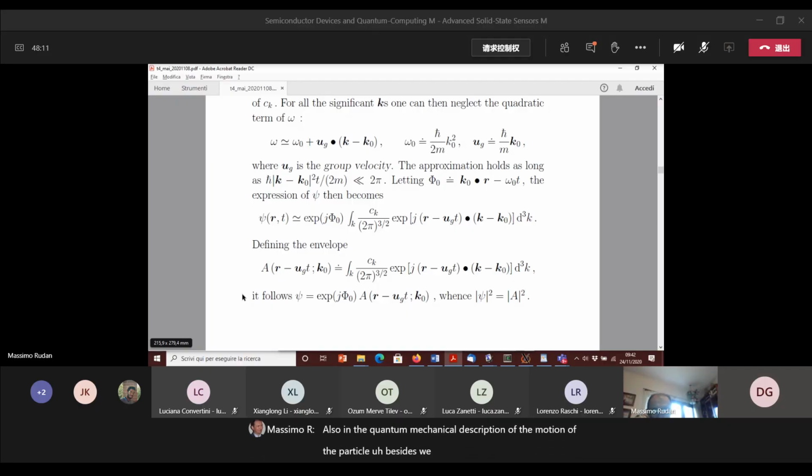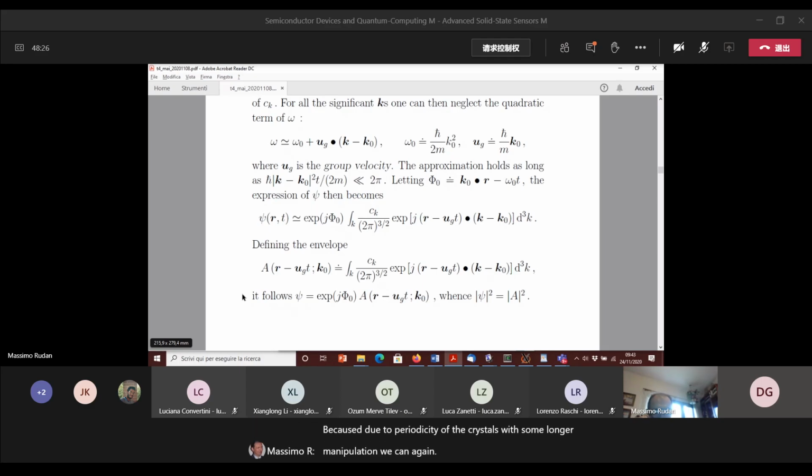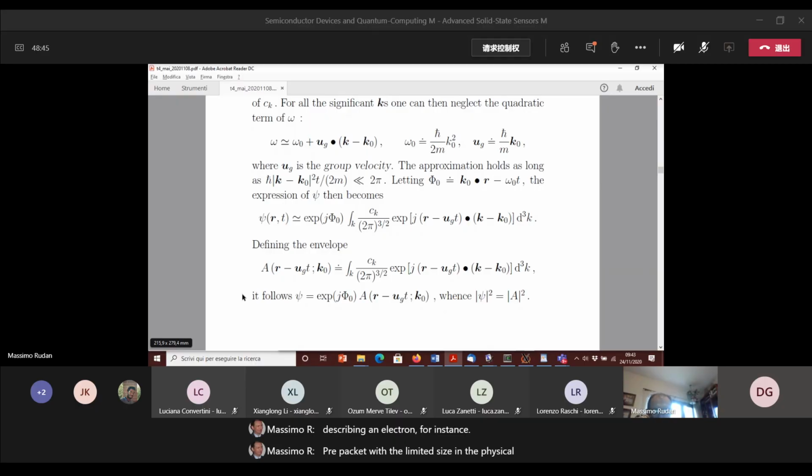Besides, we use the same concept also in crystals, because due to periodicity of the crystals, with some longer manipulation, we can again mimic the propagation of the wave function inside the crystal, the wave function describing an electron, for instance, as a wave packet with limited size in the physical space and also with the limited size in the momentum space.